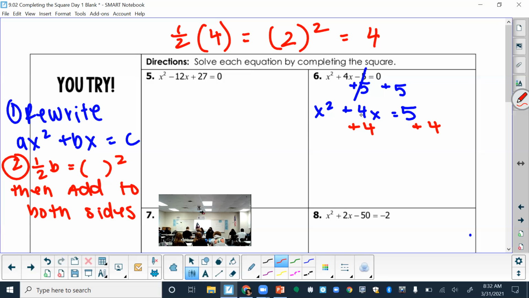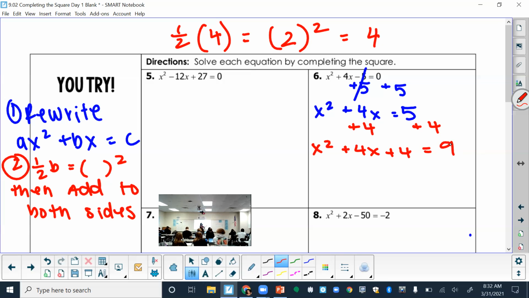Can I combine it with the 4x? No, because they're not like terms. So we're just going to rewrite it. On the right side, what's 5 plus 4? When I combine them, I get 9. Notice now we have a perfect square trinomial.